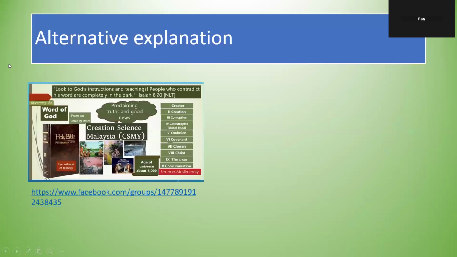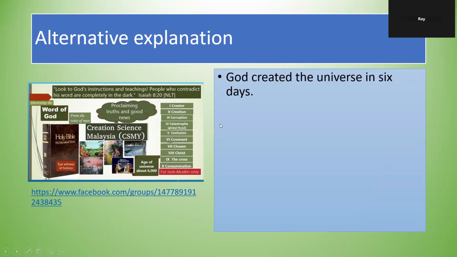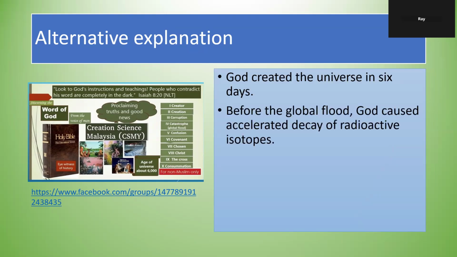That's a summary for you. If you are interested in an alternative explanation, creationists are on Facebook. They believe God created the universe in 6 days. And then before the global flood, God caused accelerated decay of radioactive isotopes. That broke the crust, so it started volcanic eruptions worldwide.